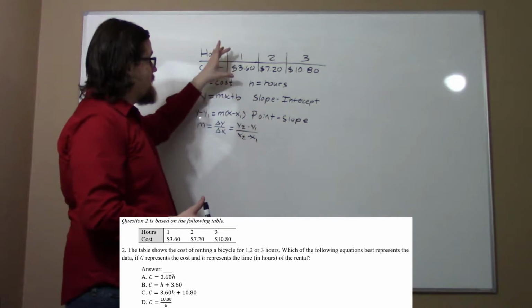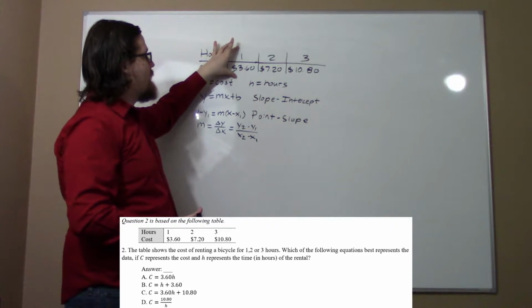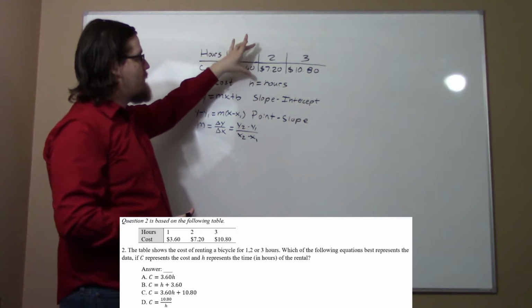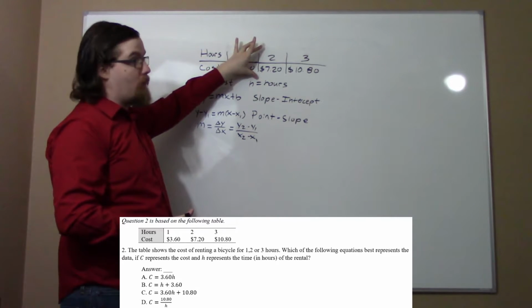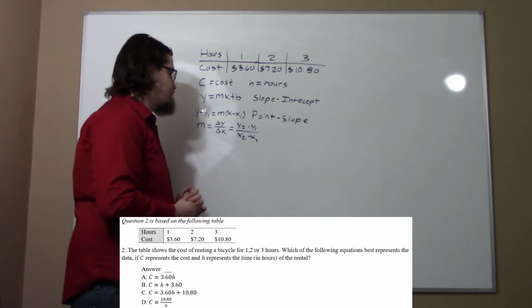Looking at the table, we can think of our first set of data, the x1, y1, as our first hour cost combo, and then we can think of the point 2 as the second combo of hours and cost.